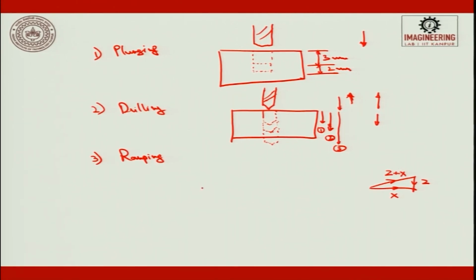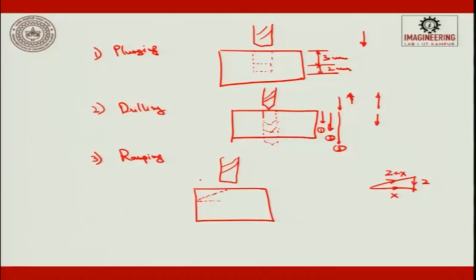Suppose this is the workpiece and we have a tool here and we need to cut something like this. It is like the landing of an aeroplane. It will move in this direction, both z and x directions are working, and make its cut. So, it is moving in this direction. This is known as ramping.